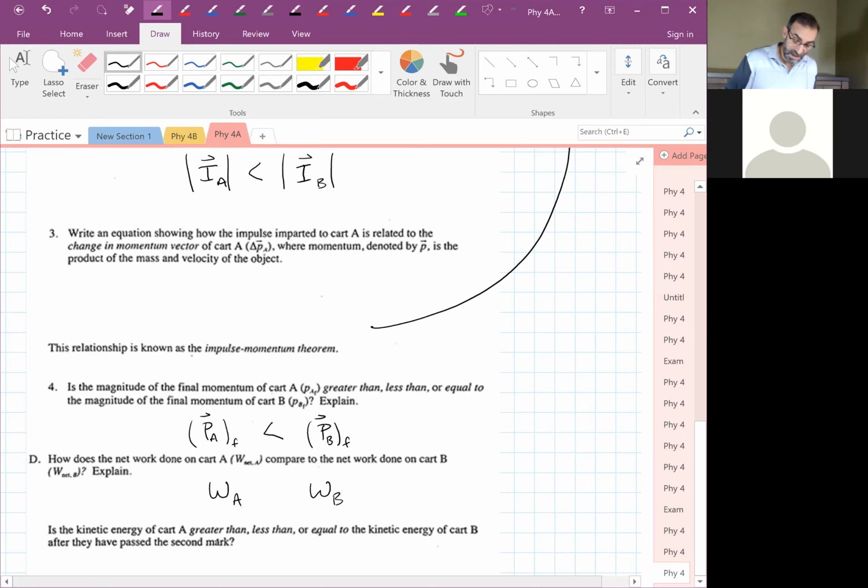They are the same, because work is force times distance. They both had the same force applied to them through the same distance. The same amount of work was done to both carts.